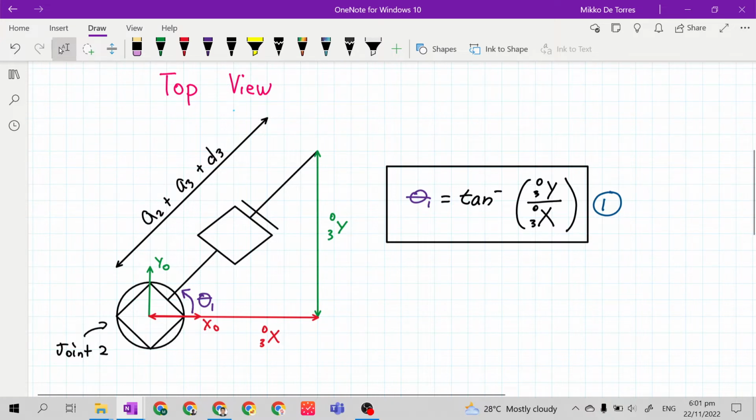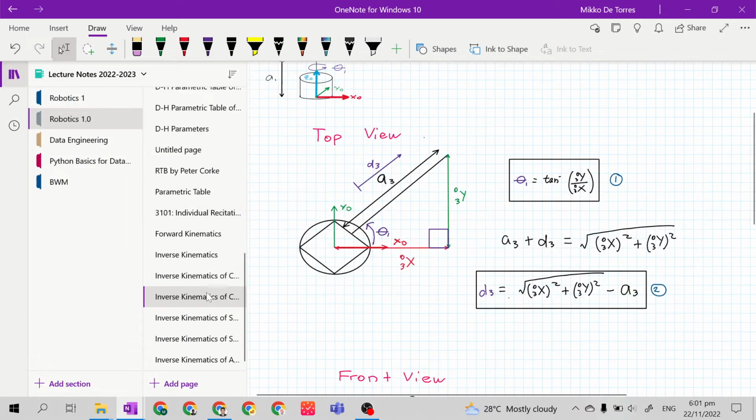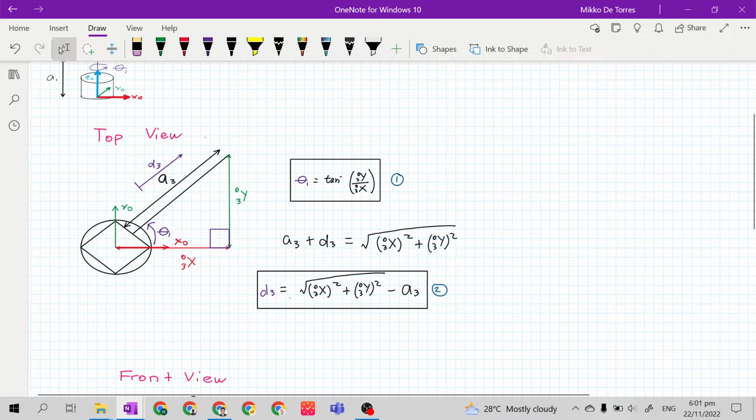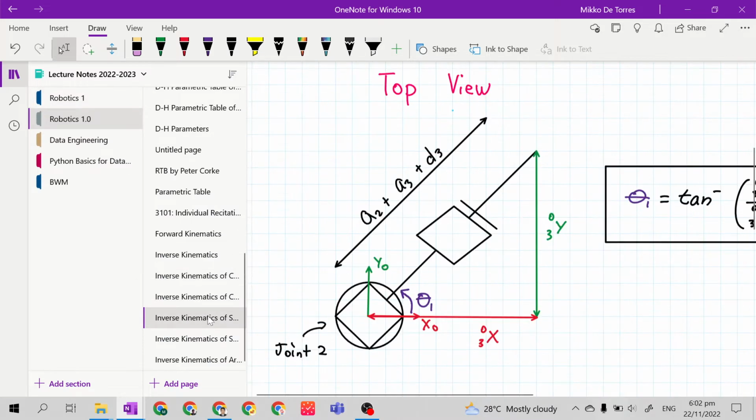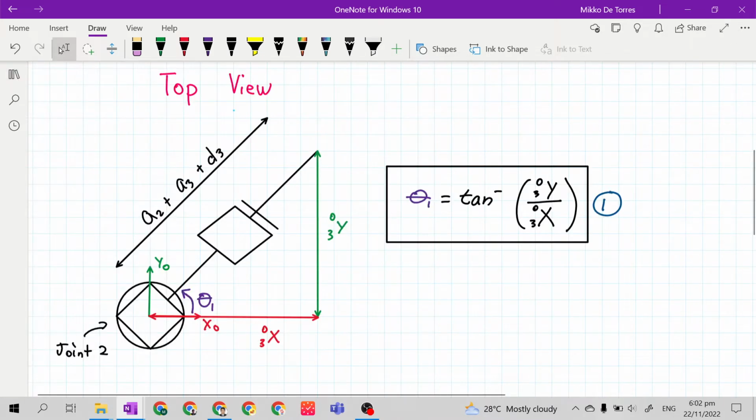Based on the drawing and on the solution for our cylindrical manipulator, it's easy to say that the solution here is the Pythagorean theorem, where a2 plus a3 plus d3 is equal to the square root of x03 squared plus y03 squared. It is easy to say based on our experience from the cylindrical manipulator.